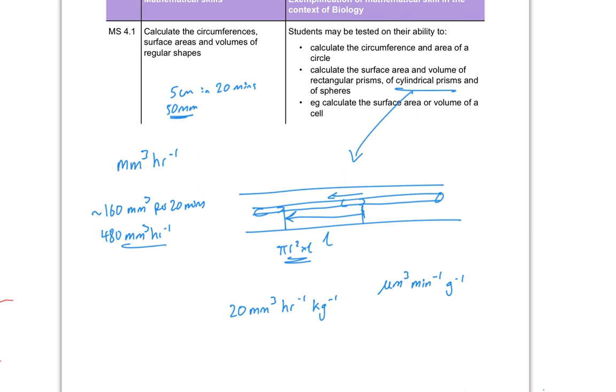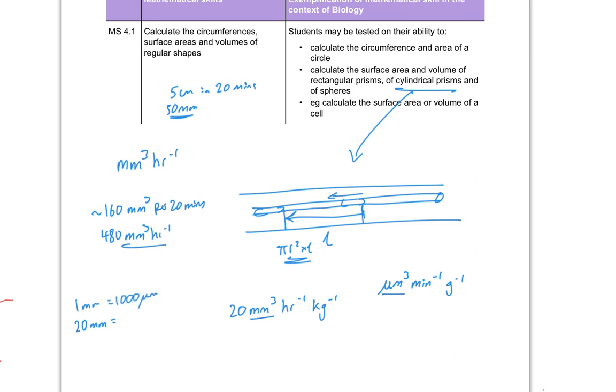So yeah, just take them one at a time. The hard one is the volume. So remember what we did before. So 20 millimeters, well, how many micrometers is it going to be? Well, 1 millimeter equals 1,000 micrometers.